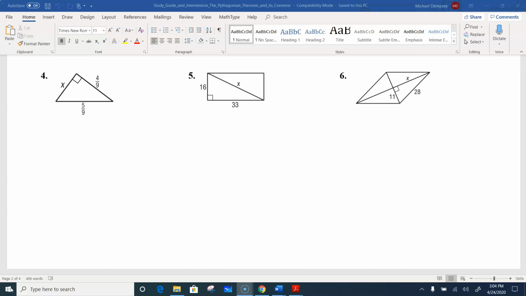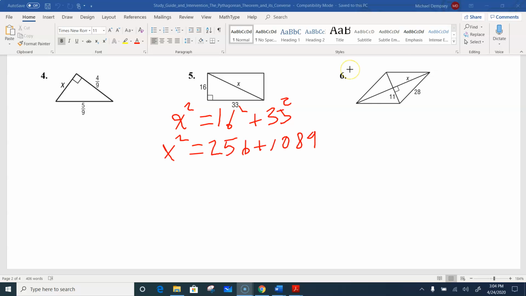Here you have x is the hypotenuse, so he's going to be by himself. So we're going to start off with x squared equals 16 squared plus 33 squared. So I get some bigger numbers here. So 16 squared is 256. 33 squared is 1089. And then I have to add those together. So that's 1,345.